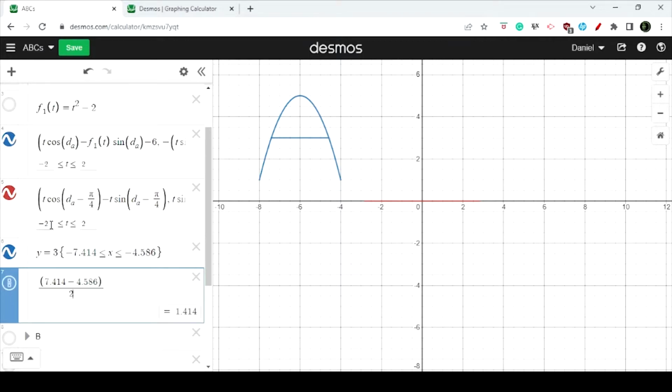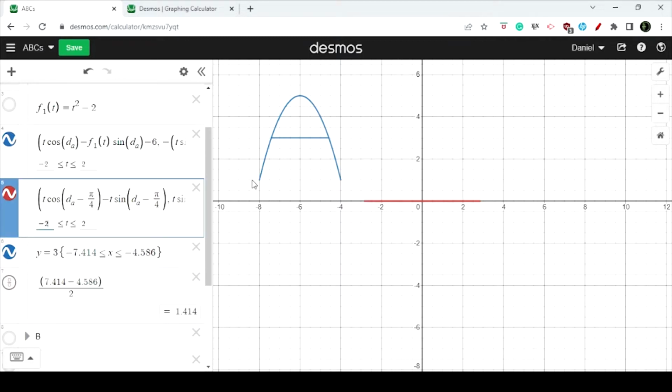Okay, 1.414. That number looks really familiar. When I'm thinking about that, it's looking like the square root of 2. This is 1.414. Okay, and where's it centered?